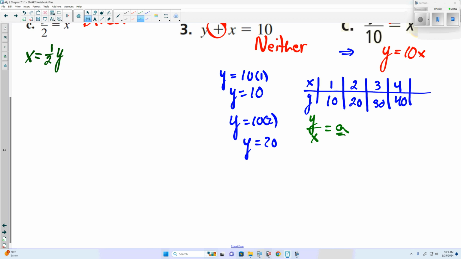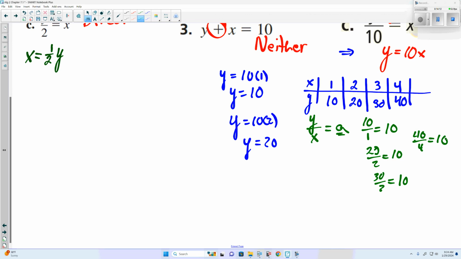So here, if I said 10 divided by 1, we would get, obviously, 10, yes? What's 20 divided by 2? 10. 30 divided by 3? 10. And 40 divided by 4 is 10. Because what did we say the constant amount for this one here was? 10, yes? And because it is direct, our y over x gives us this here.